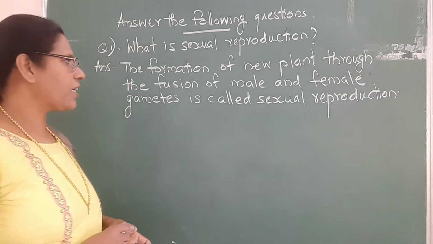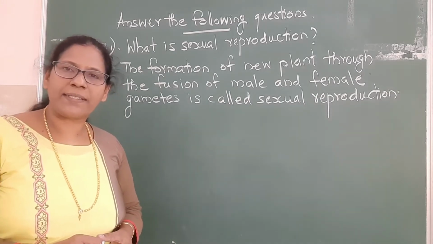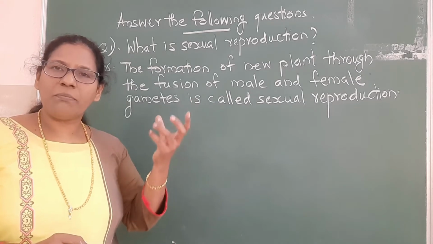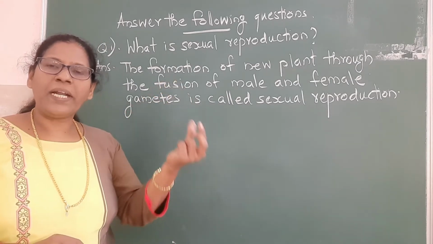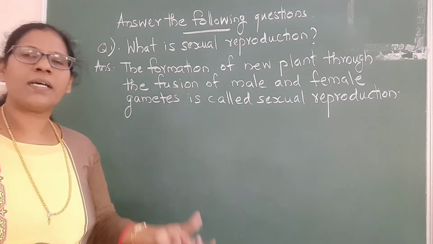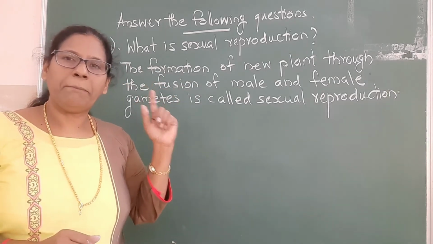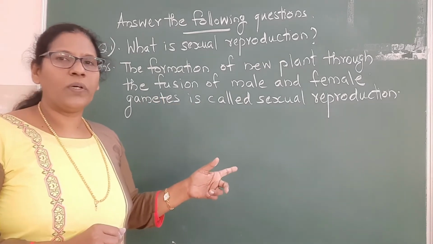In sexual reproduction, we learned that the male gamete which is present in the pollen grains starts germinating in the stigma, and then a tube-like thing grows downwards, and through that tube the male gamete passes and comes to the ovary.